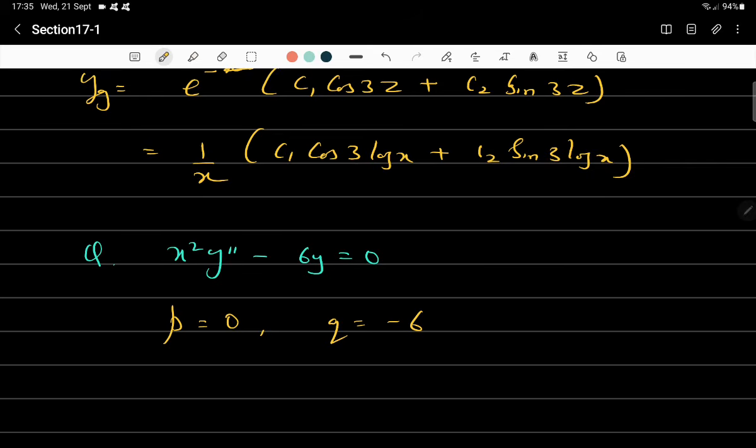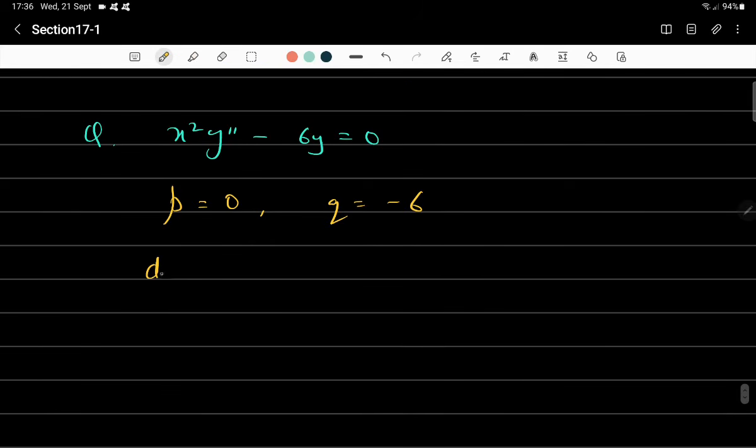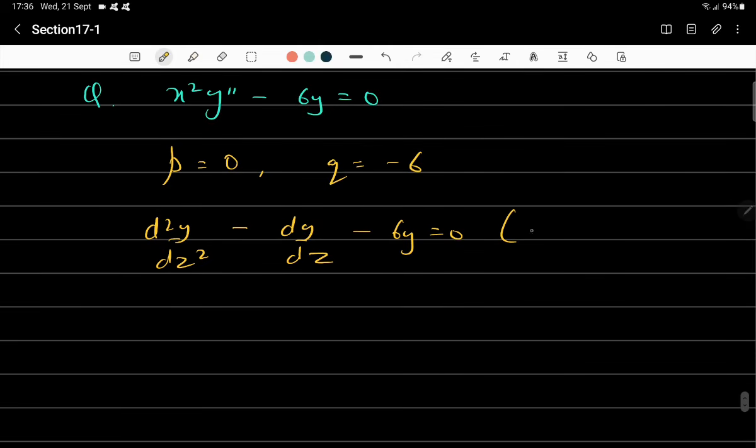Now if you substitute the values, then it will become d2y by dz square plus (0 minus 1), which is minus dy by dz, minus 6y is equal to 0. Yes, so again it becomes an equation with constant coefficient by substituting z is equal to log x.